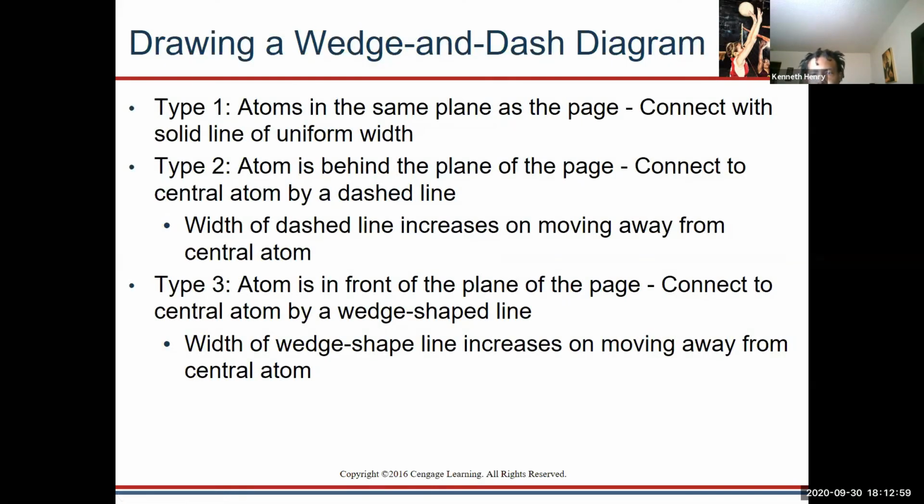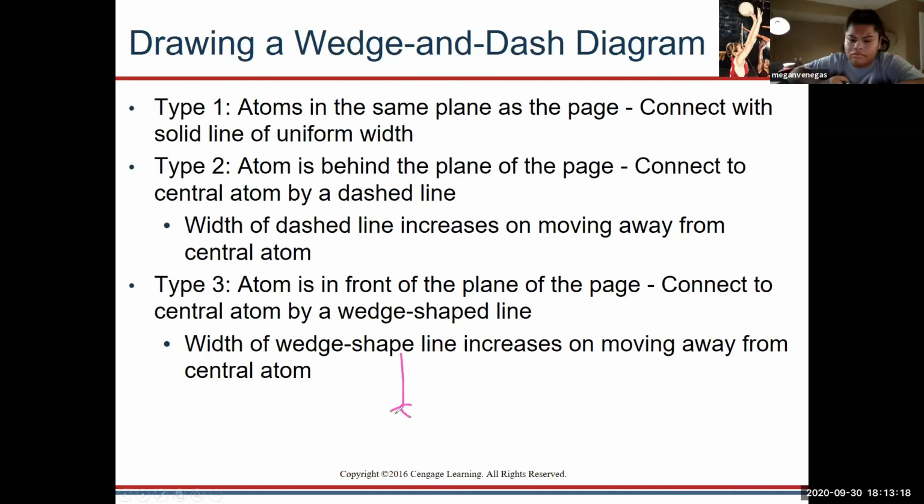Okay, so often we haven't talked about this, but because we're drawing 3-dimensional structures, we need a way to draw them, because this ain't cutting it, right?